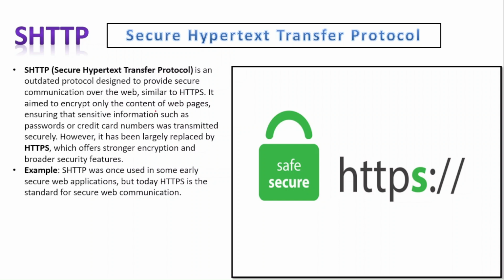It aimed to encrypt only the content of web pages, ensuring that sensitive information such as passwords or credit card numbers was transmitted securely. However, it has been largely replaced by HTTPS, which offers stronger encryption and broader security features. Example: SHTTP was once used in some early secure web applications, but today HTTPS is the standard for secure web communication.